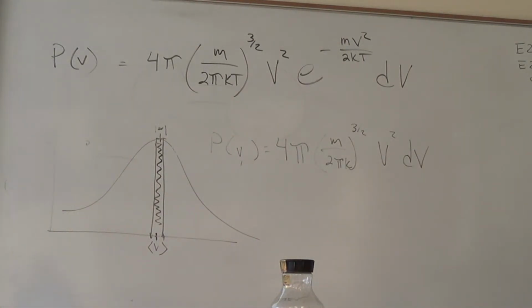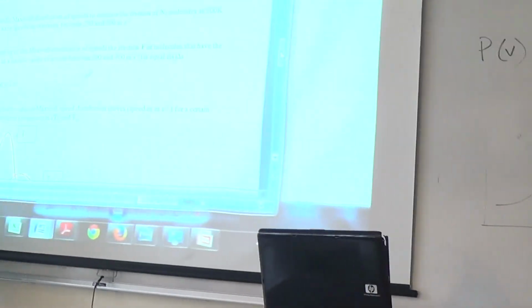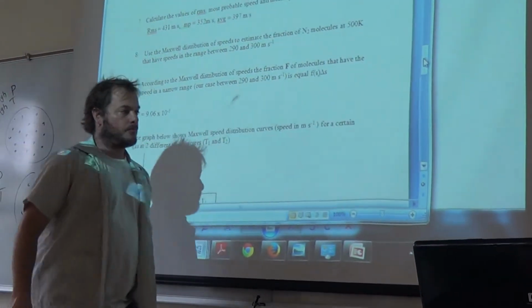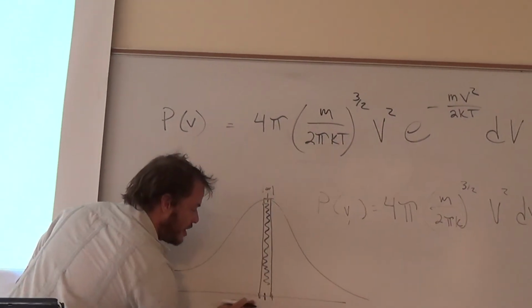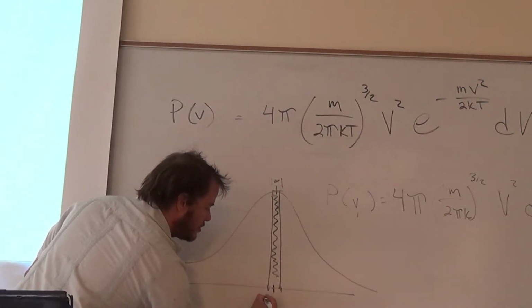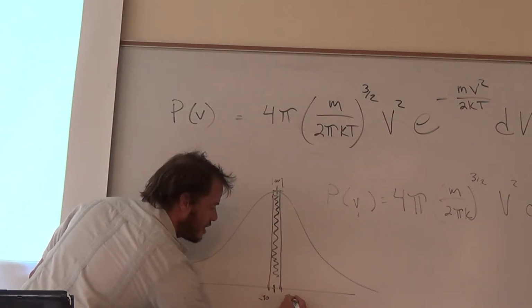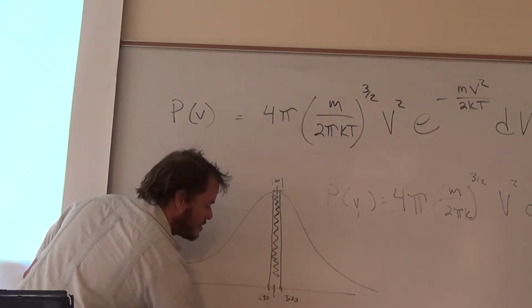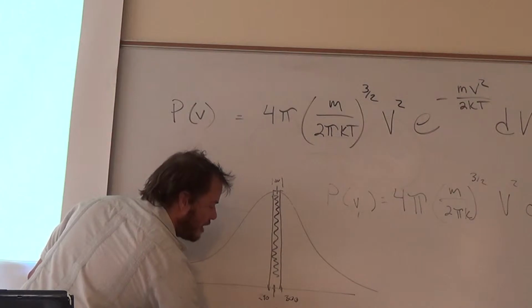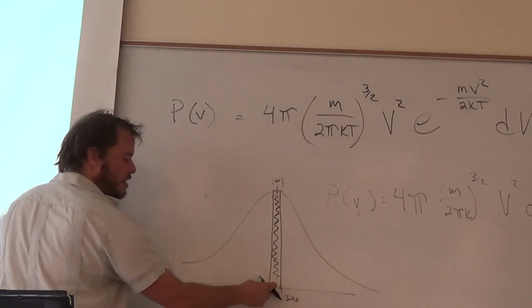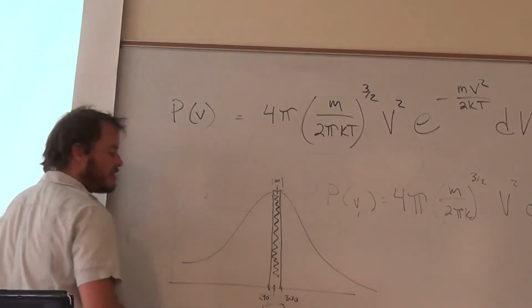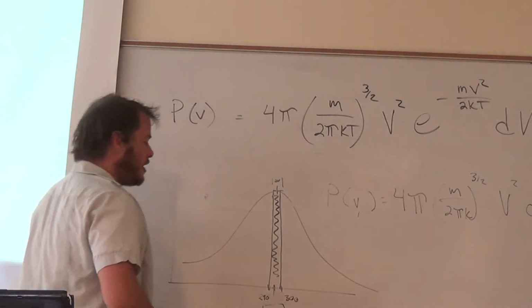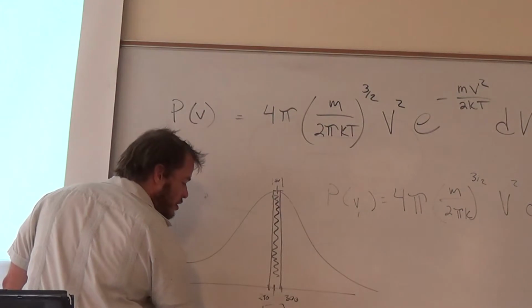You're running a range between 290 and 300 meters per second. So this side is 290, this side is 300, and right here in the center is 295. So you take the velocity you plug into this equation and throw 295 in, and then your dv is the range.